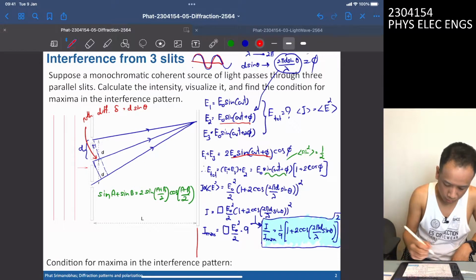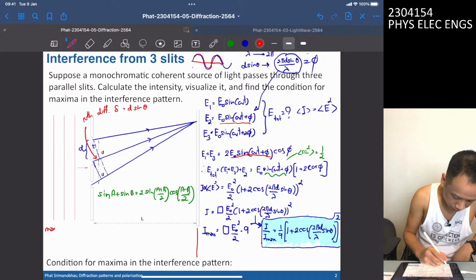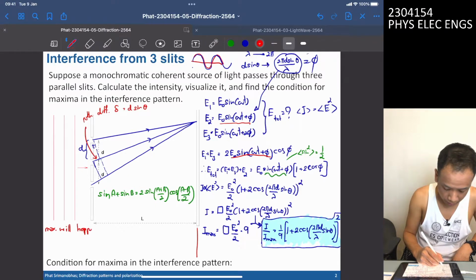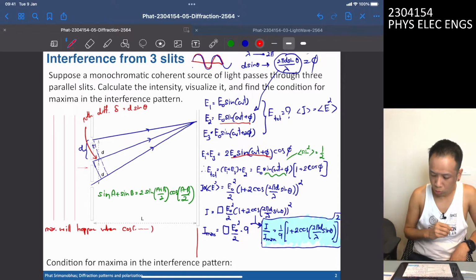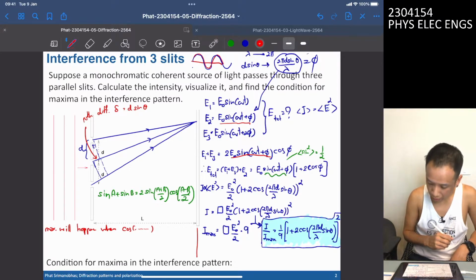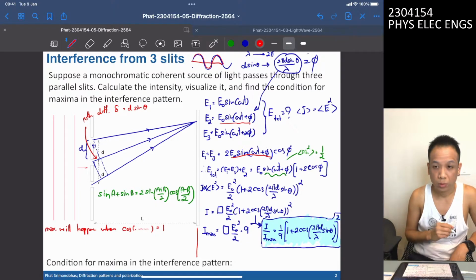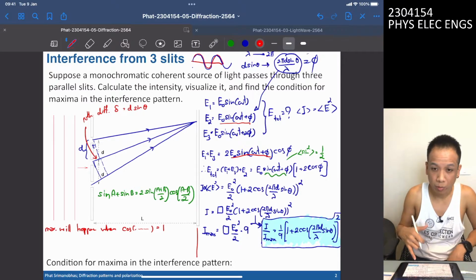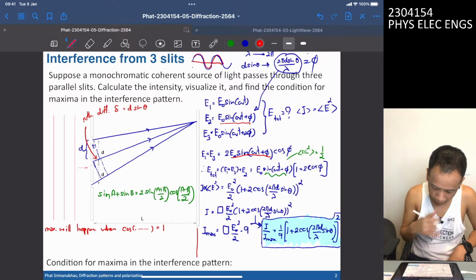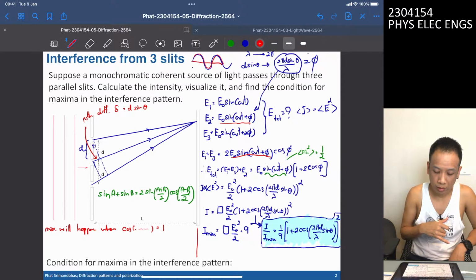The maximum will happen when cosine of 2 pi d over lambda sine theta equals 1, right? This is the concept of the maximum, because then it makes cosine 1, and then the bracket becomes 9. 9 over 9 is 1, so I equals I max.